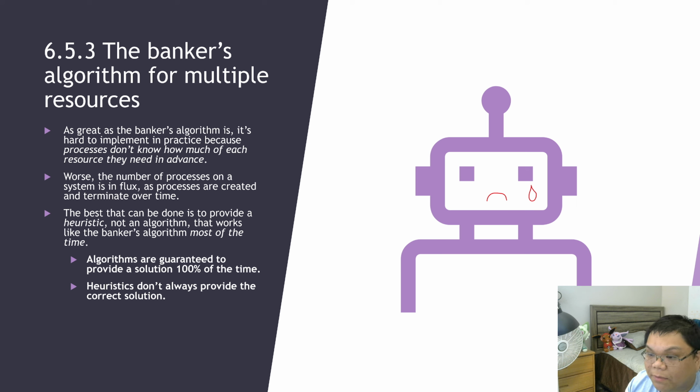Heuristics don't always provide the correct solution. If it gives you the correct solution 100% of the time, then it is an algorithm. Any less than that, even 1/4 of a percent less than that, that's not an algorithm. It's a heuristic.